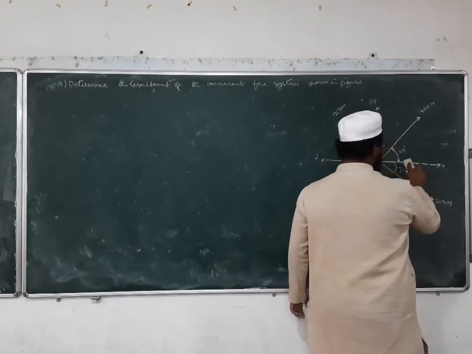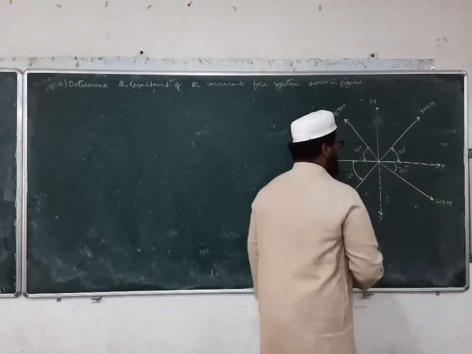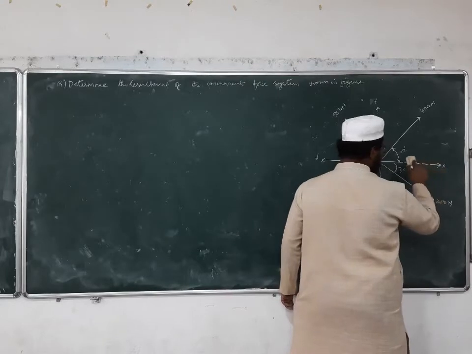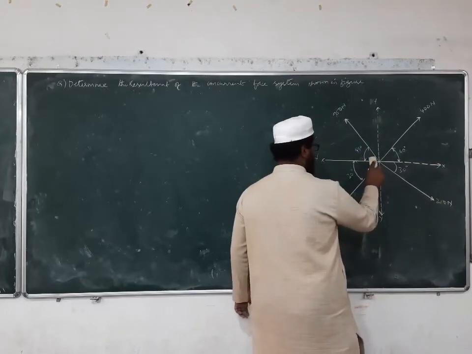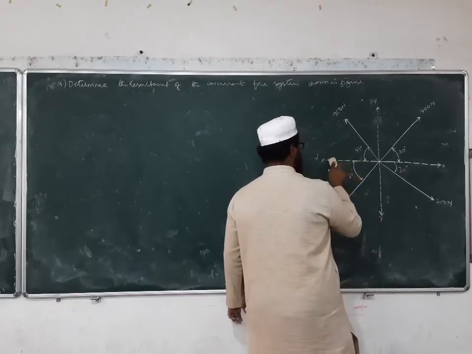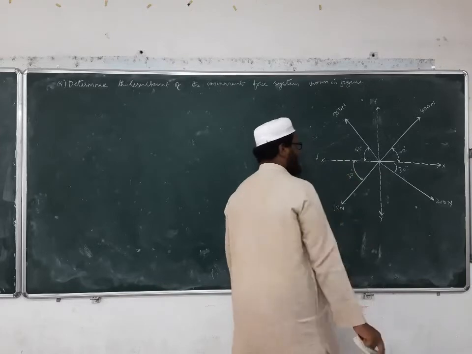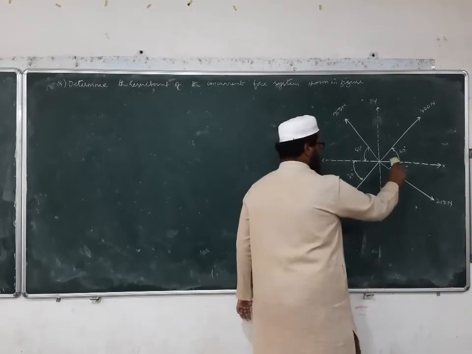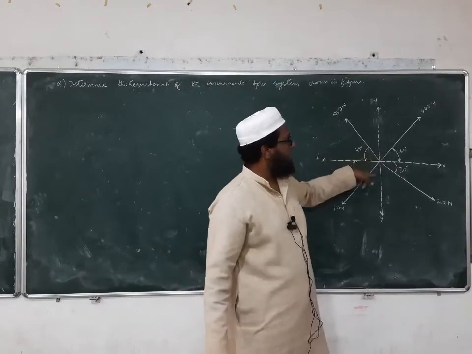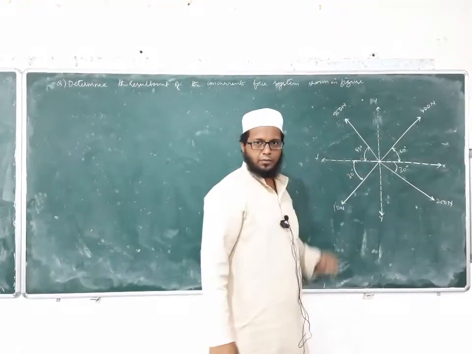I am making a dotted line so that it does not look like a force. It is the general x and y axis. We have multiple forces: 1, 2, 3, 4 forces.